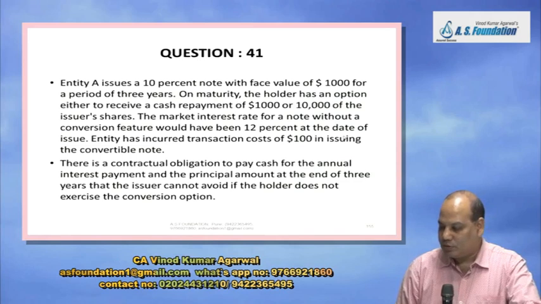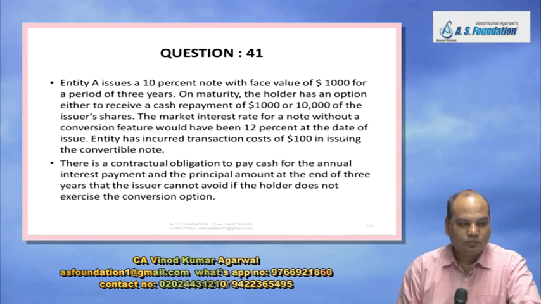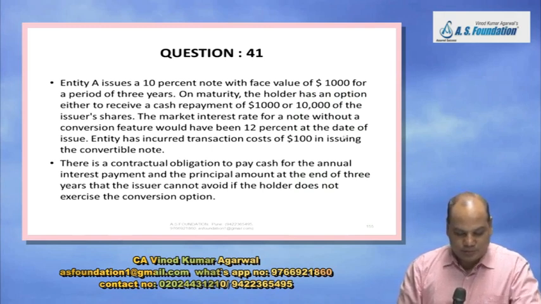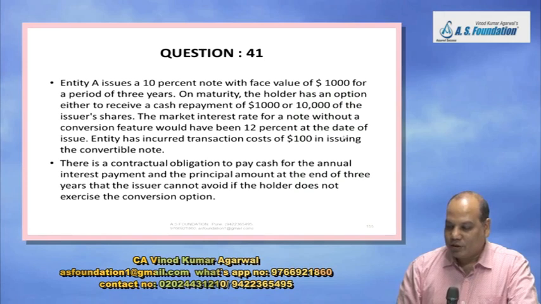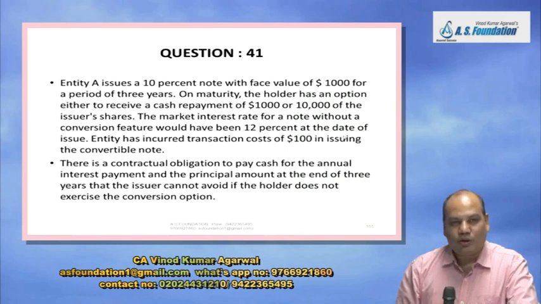This problem has one transaction cost also. So in this problem we will see adjustment for transaction cost. It is an 8-mark question, very, very important. Entity A issues a 10% note with face value, note, loan, debenture, bond, same thing.